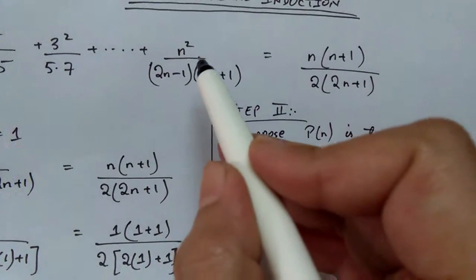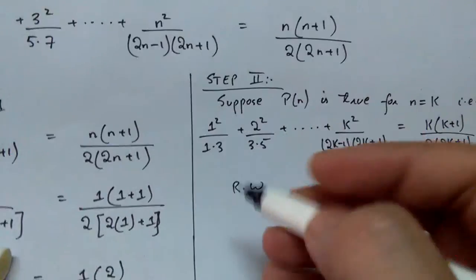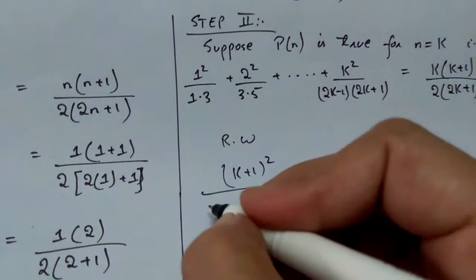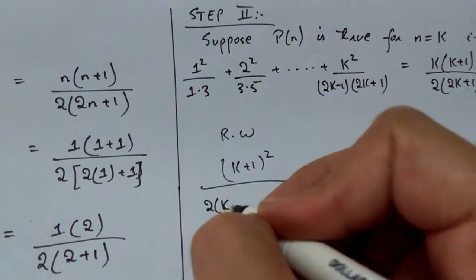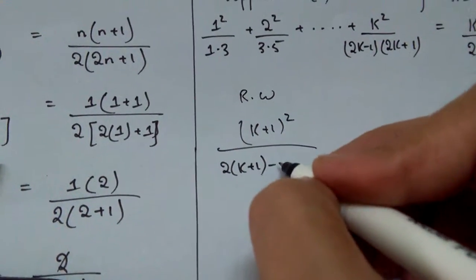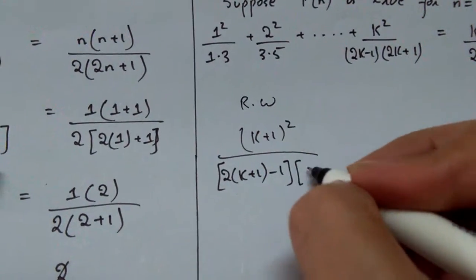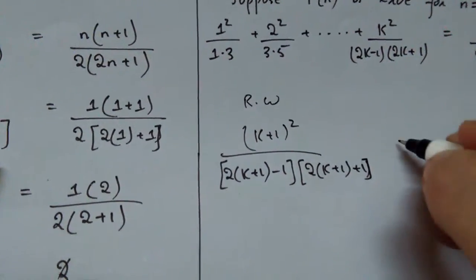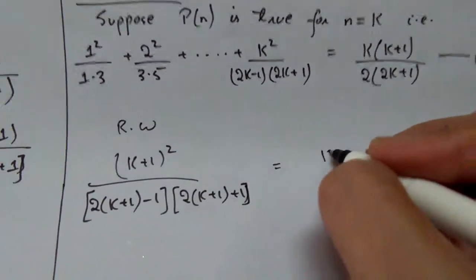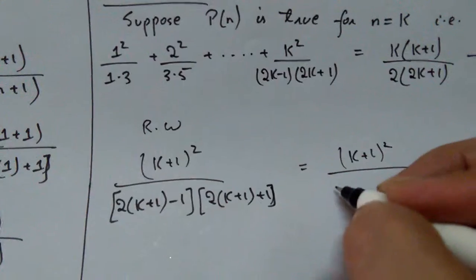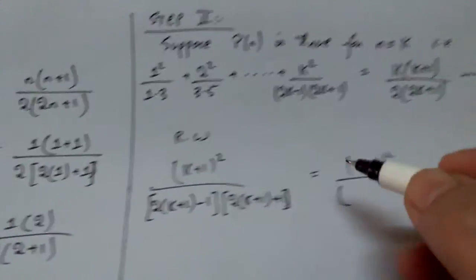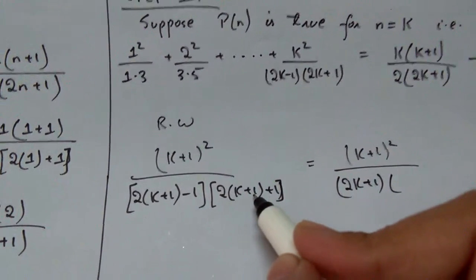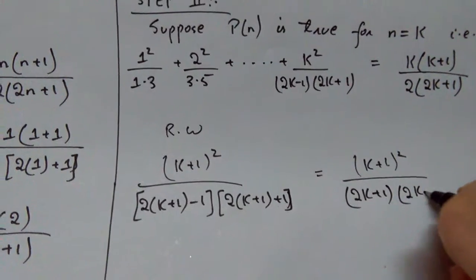Okay, so I'm going to put n equals to k plus 1 over here, so it looks like this. 2k plus 2 minus 1 gives you 2k plus 1, and 2k plus 2 plus 1 gives you 2k plus 3.